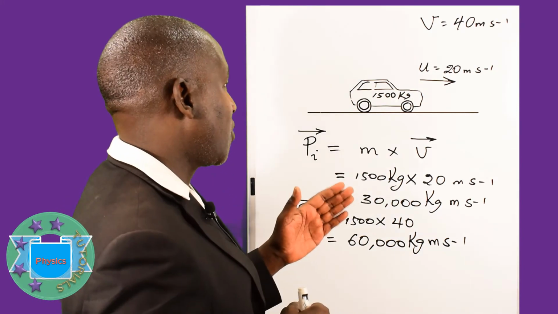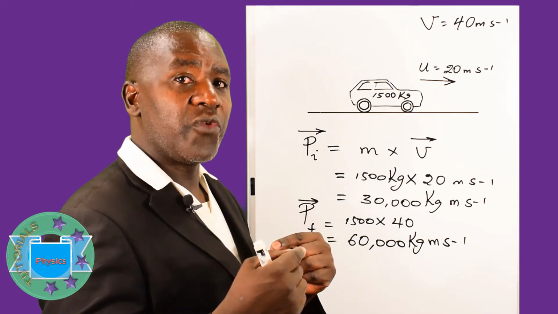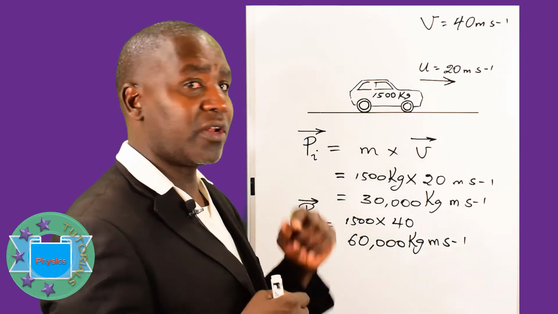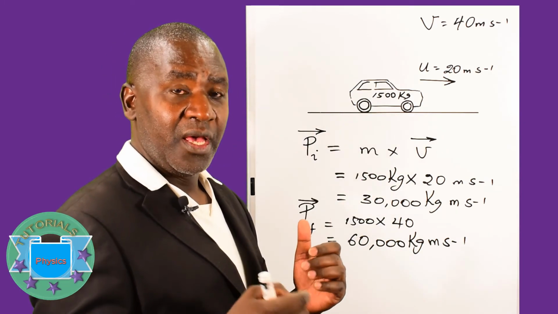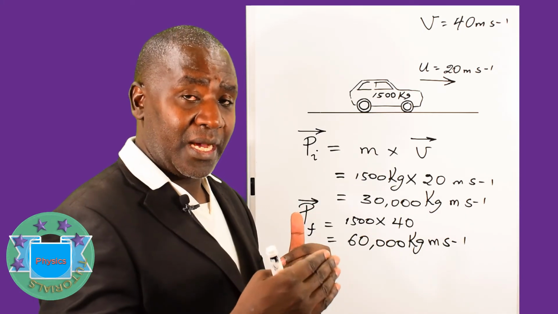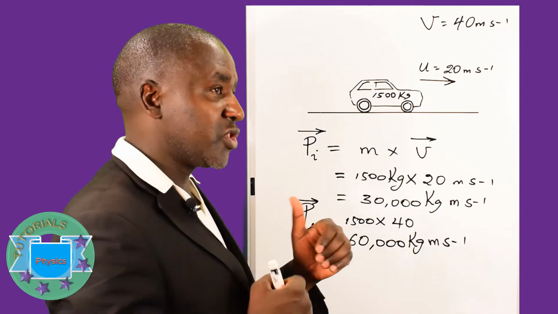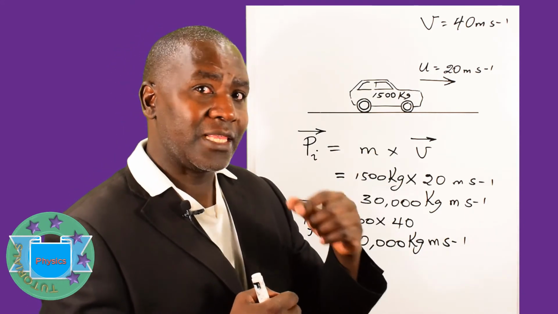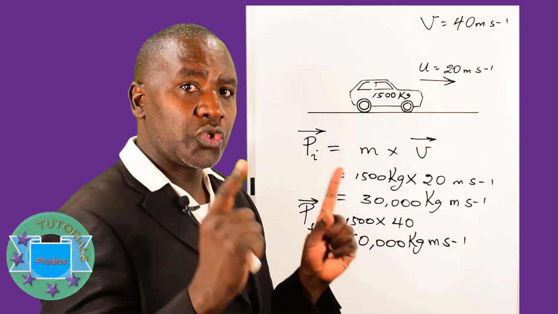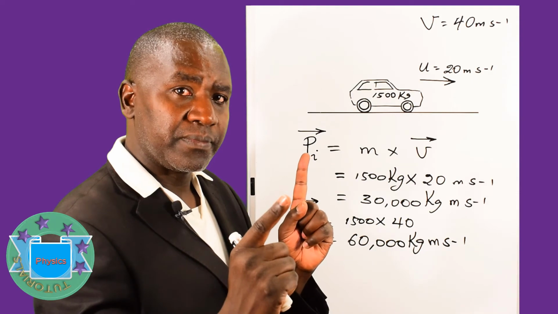So, what would be the velocity of such a truck if we want its momentum to be the same as the momentum of this small van? Maybe you can pause the video and calculate that. It is a good challenge when you're thinking about another vehicle with a different mass, but you want the two vehicles to have the same momentum.